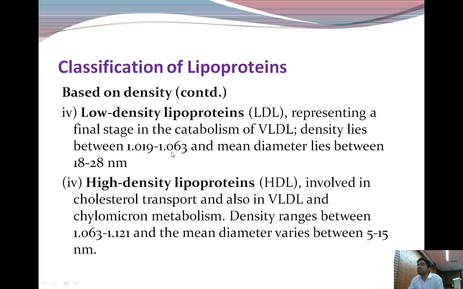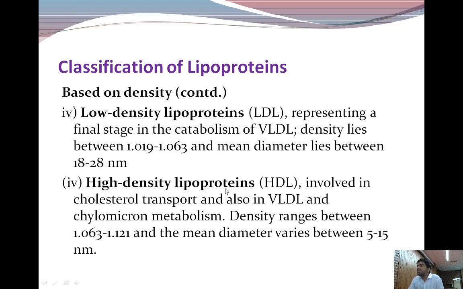Its density is higher than both VLDL and IDL, and its diameter is smaller than both. So you understood where chylomicron comes from, where VLDL comes from, and how IDL and LDL form from VLDL. All these are classifications based on density, because of the different densities and sizes.